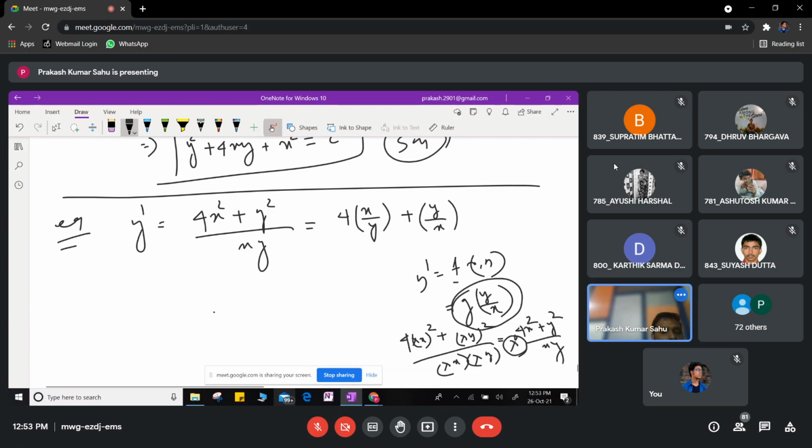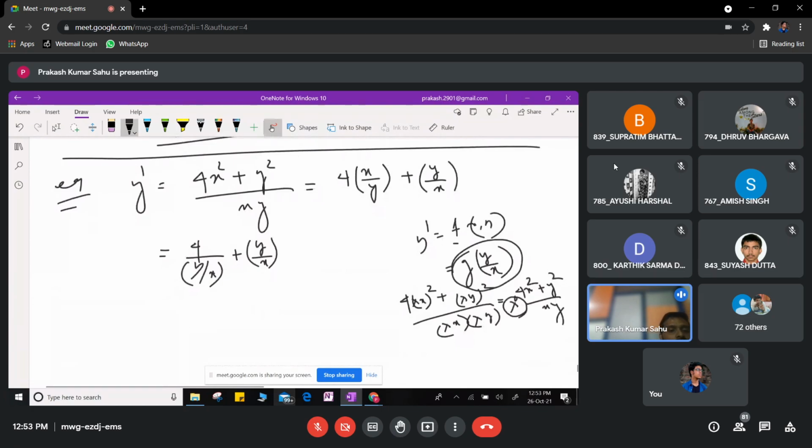Yes or no? Yes, sir. So I can write this as 4 divided by y by x plus y by x. Now it is correct. So this is a function of y by x. So here y dash is equal to 4 by y by x plus y by x.